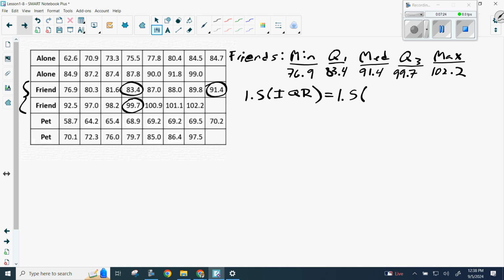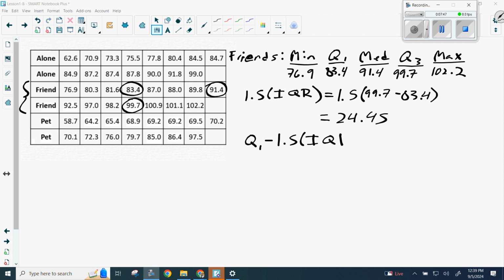So quartile 3 is 99.7 minus 83.4, which is quartile 1. So quartile 3 minus quartile 1. So that turns out to be 24.45.